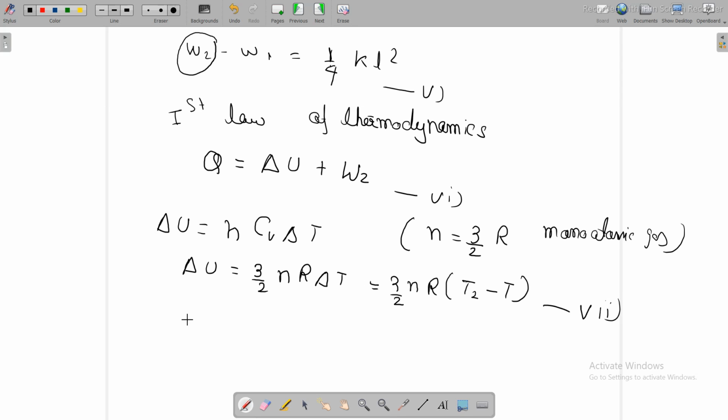Now at length L by 2, if the piston is stopped, then it means that it is in equilibrium.